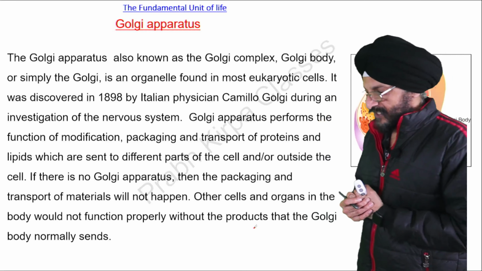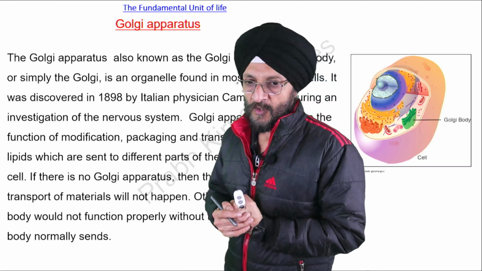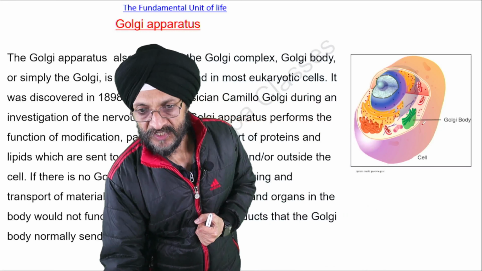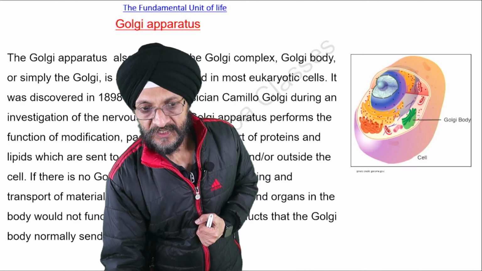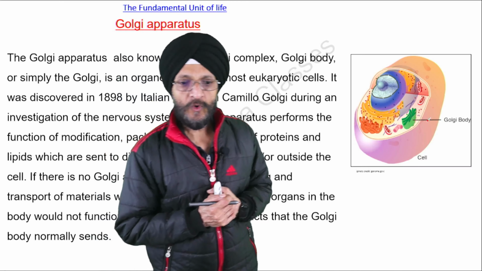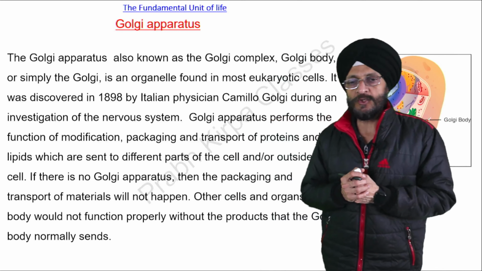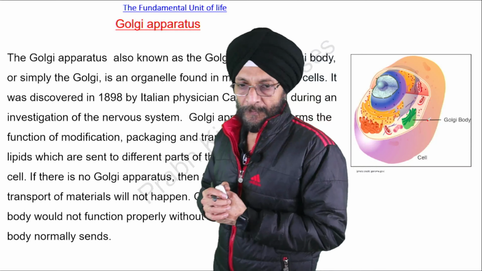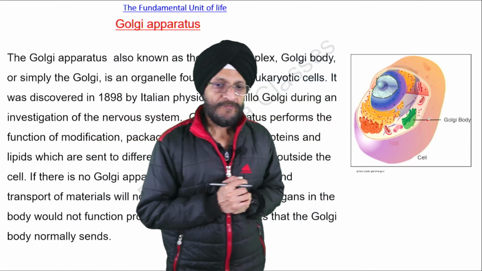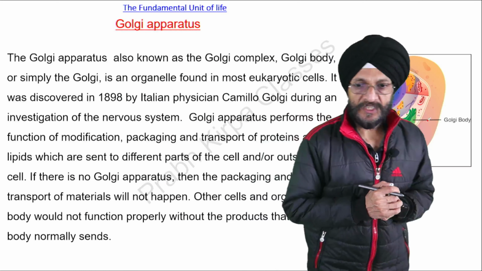Now, the next topic before us is Golgi apparatus. In this picture, you can see here that this is the Golgi body or Golgi apparatus. Golgi apparatus is also known as Golgi complex, Golgi body, or simply the Golgi.